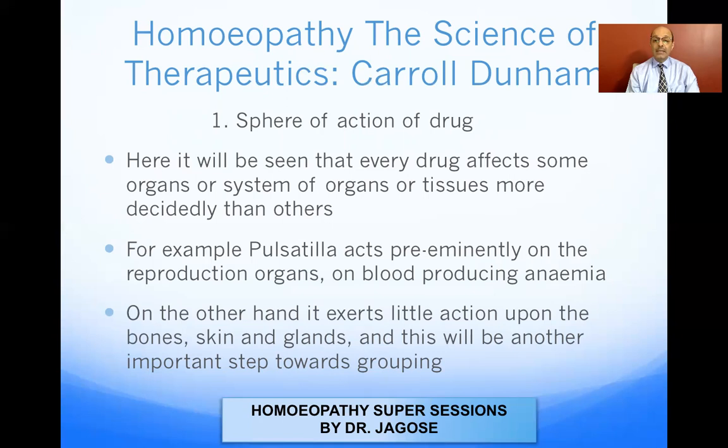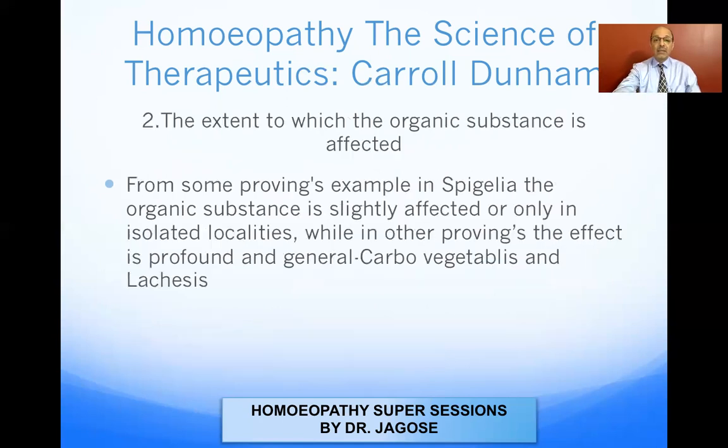On the other hand, it exerts little action upon the bones, skin, glands, and this will be another important step towards grouping. So we have to see the main sphere of action, on what system or location or organ it predominantly acts, and also what else it can act on to a lesser extent. This is the example of Pulsatilla which he has given.